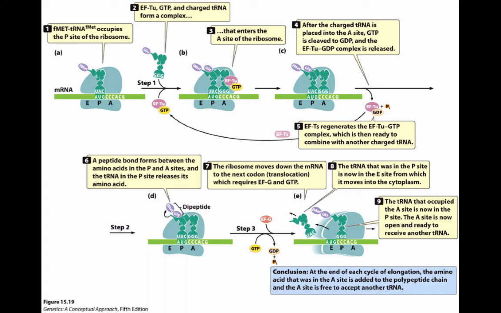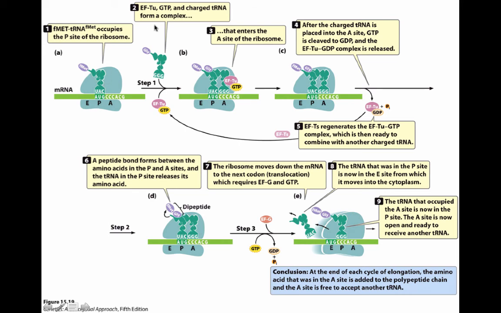So here is the entire process of elongation. If we start up here at the top, we've got our initiating methionine transfer RNA complex that is going to occupy the P site or the middle site of that ribosome.